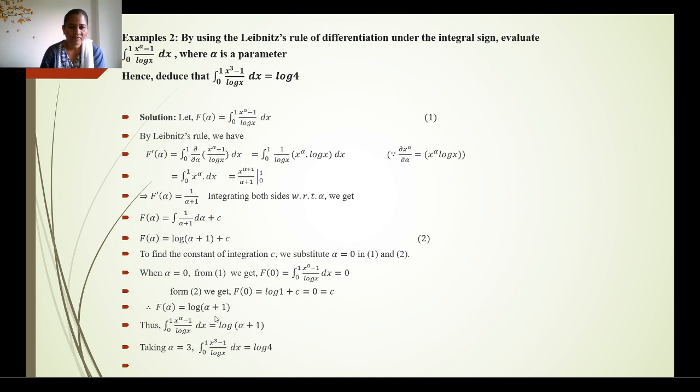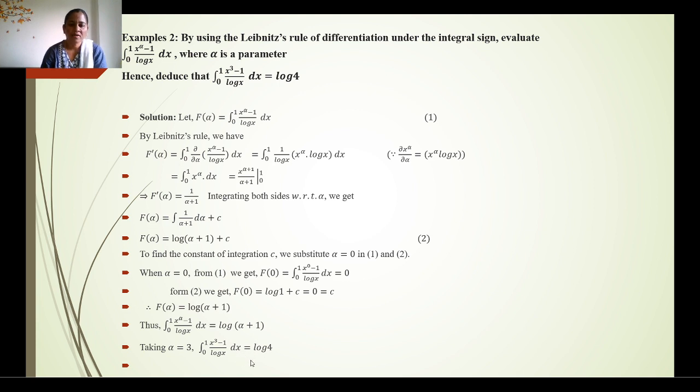Then f of alpha is equal to log of alpha plus 1. That is, the integral from 0 to 1 of x to the power of alpha minus 1 by log x dx is equal to log of alpha plus 1. Then taking alpha is equal to 3, we have to deduce the result log 4. Taking alpha is equal to 3 in this equation, we get the integral from 0 to 1 of x cube minus 1 by log x dx, which is equal to log 4.